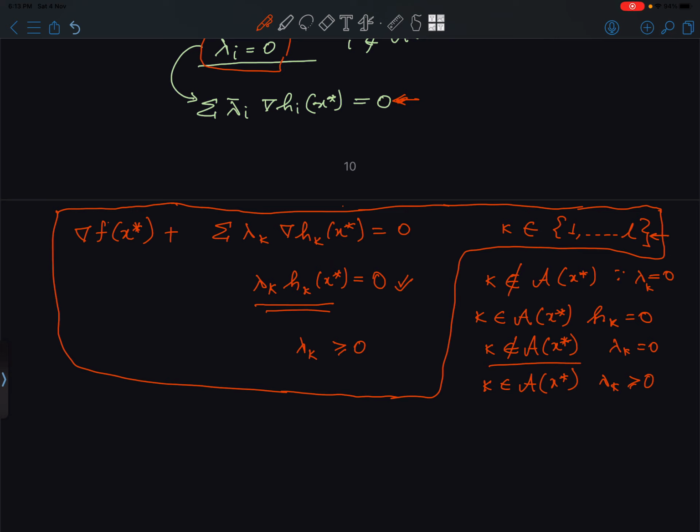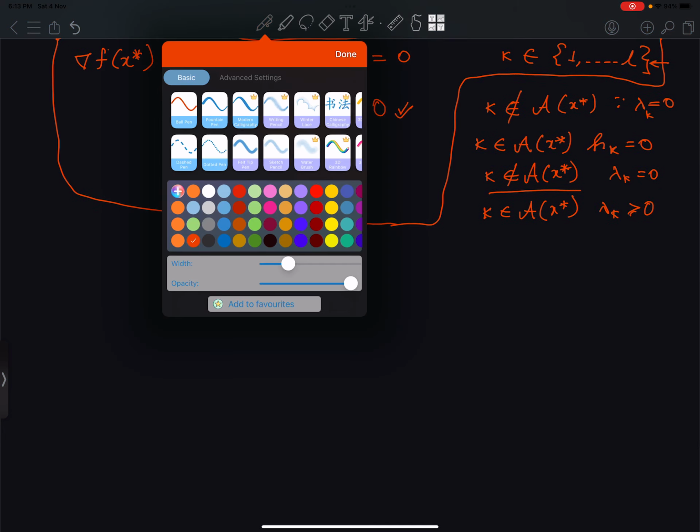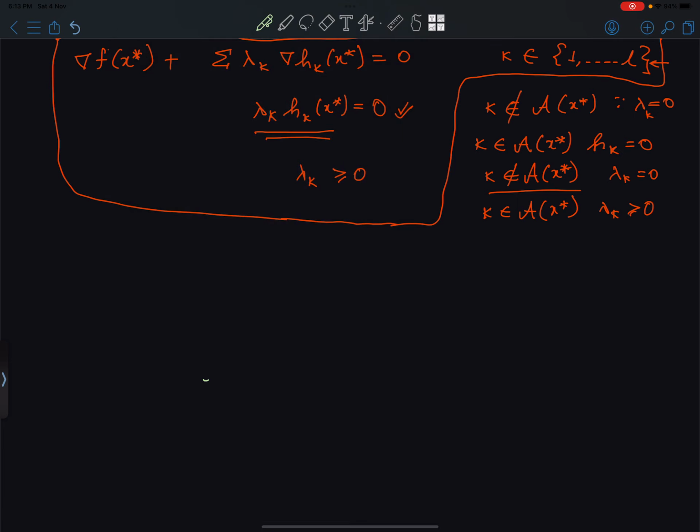so this basically forms my KKT conditions, or Karush-Kuhn-Tucker conditions, named after the people who derived these conditions.